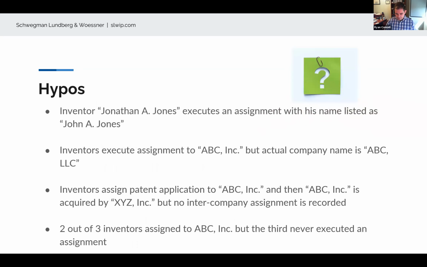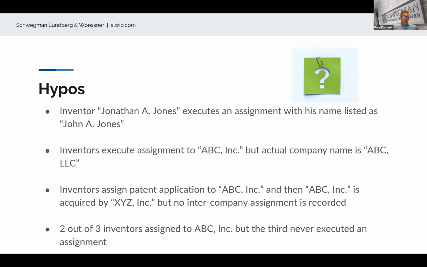So here are some hypos about some common errors in assignment, and I'll ask Doug if it makes sense to let it ride or get it fixed, and if so, how. So Doug, inventor Jonathan A. Jones, say that's how he's listed in the application data sheet, executes an assignment, but in the assignment his name is John A. Jones. What do you think? Well, it could be okay, but I like to cross the T's and dot the I's.